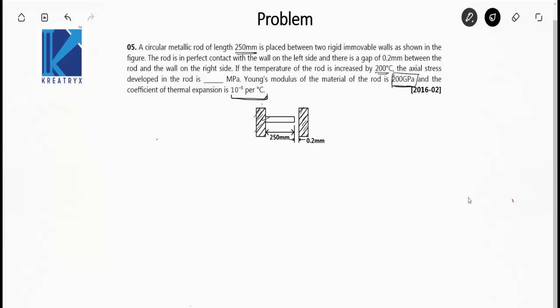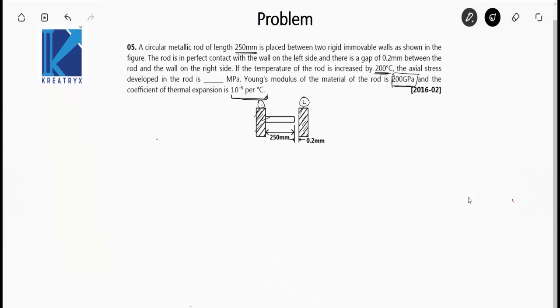If this is the first wall and this is the second wall, and if this second wall was not present and we had raised the temperature of the rod by 200 degrees Celsius, what would have been the change in length of the rod?